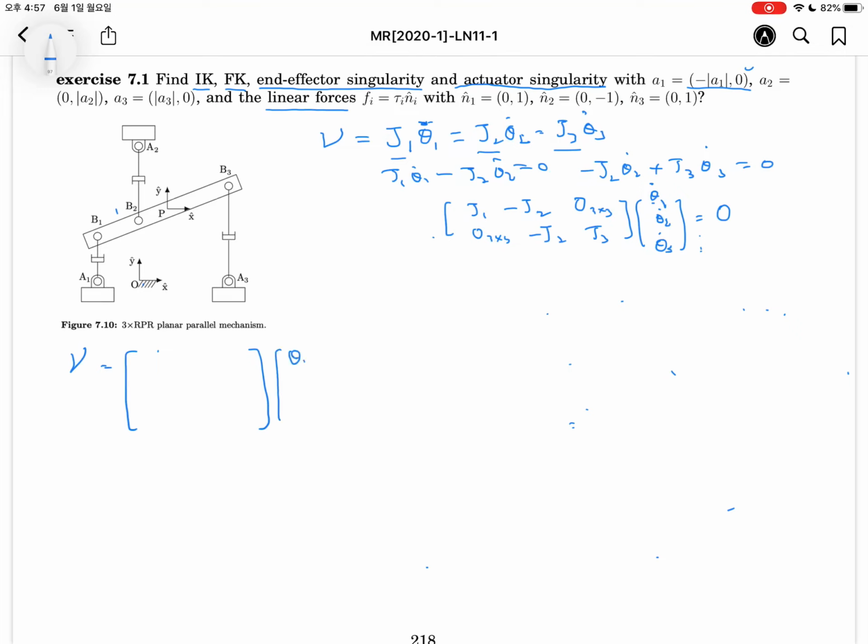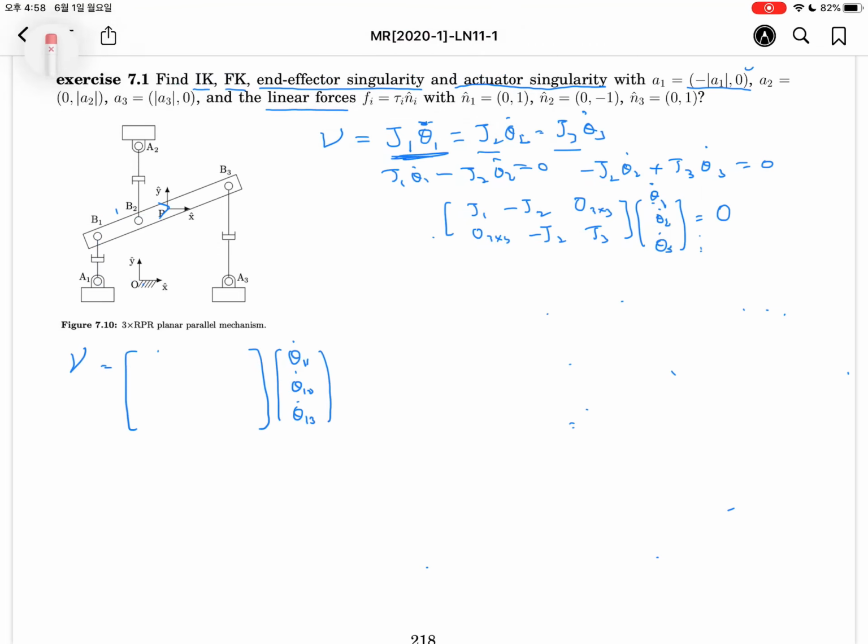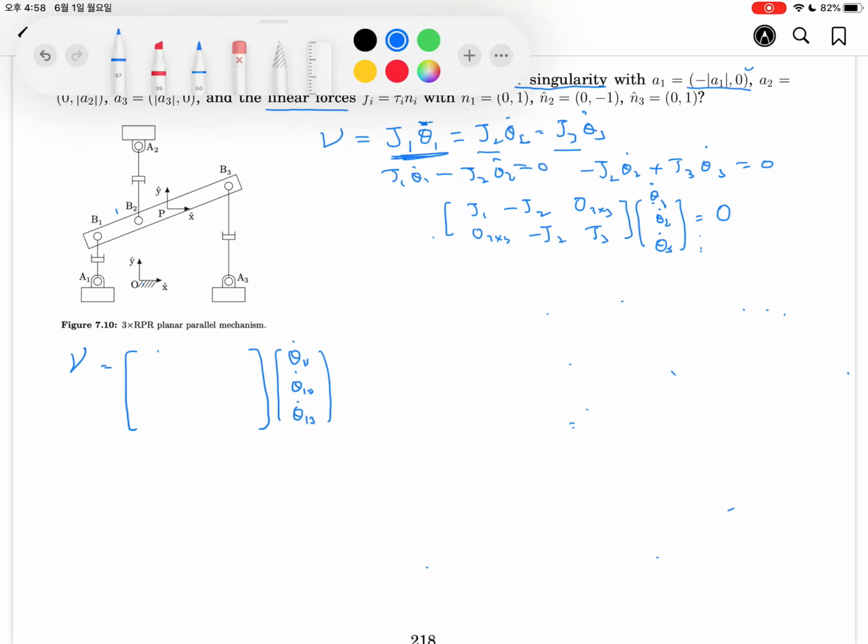Twist will be the J1 and theta 1 1 dot, theta 1 2 dot, theta 1 3 dot. Okay. This equation. The first column, actually this is about this linkage, is it right? We can consider as an open chain from the space frame to the body frame. So we will derive the Jacobian for this open chain.